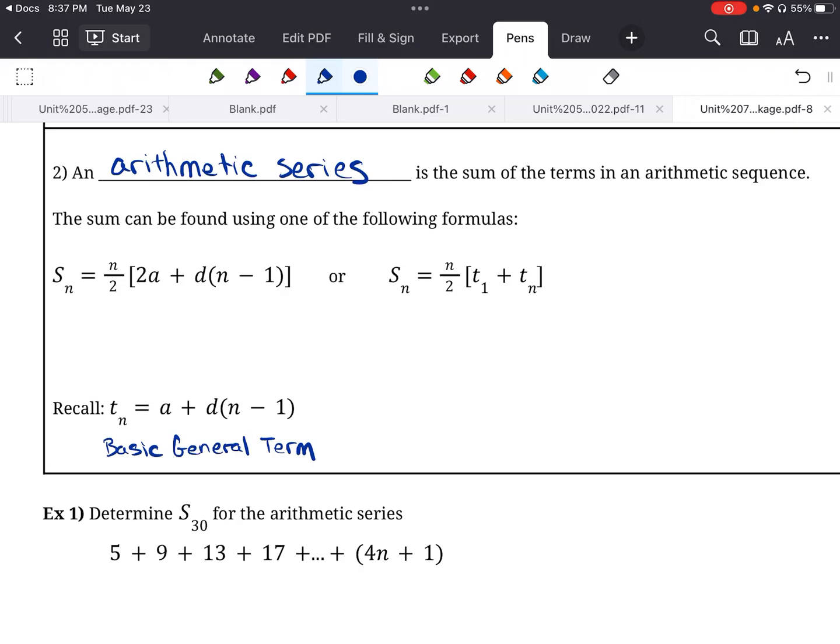Now with a sum, we have the general sum term, and we have the recursive term.